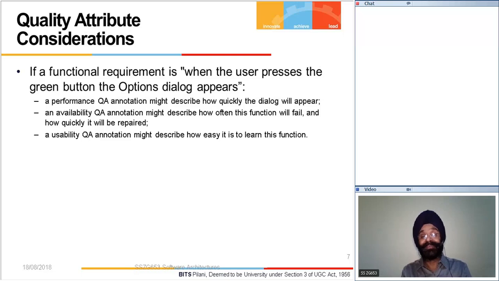So you press this button, the options button appears. As an architect, I couldn't care. But I could care about how long it takes for that button to appear. If that button takes 5 minutes to appear, it's probably not a problem with the programming. The problem is architectural.